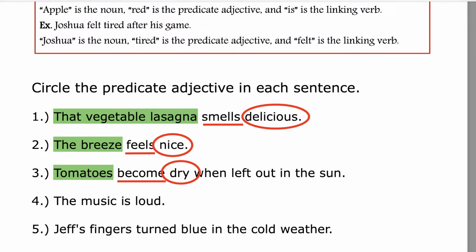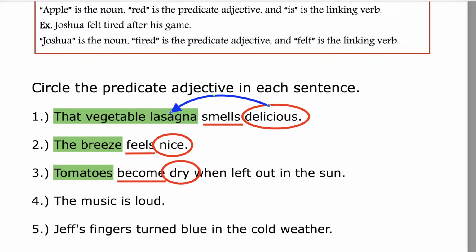So, let me get my arrow here. Let me change my arrow's color so that you can see it better. So, what is the subject noun that delicious is describing?